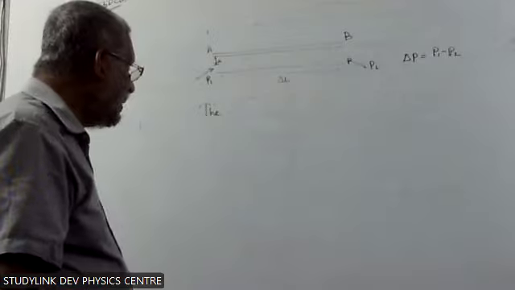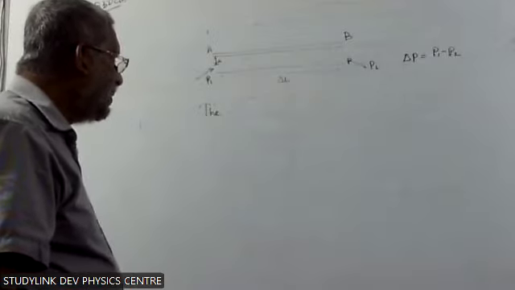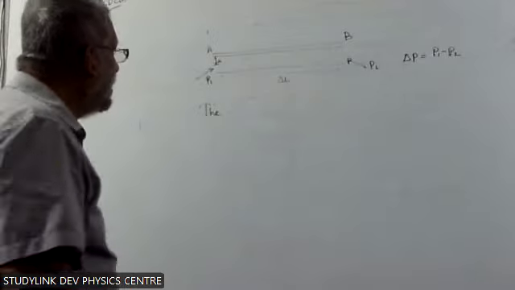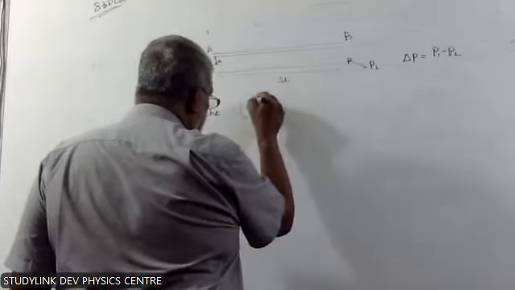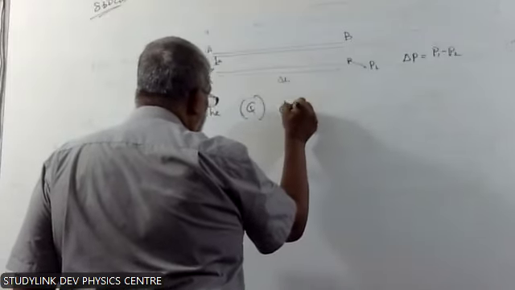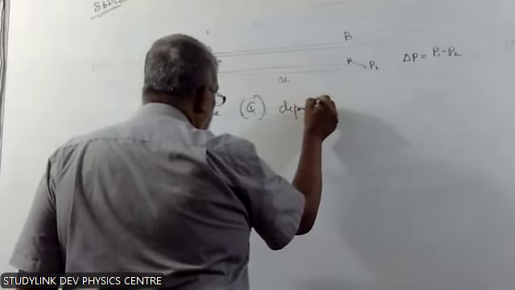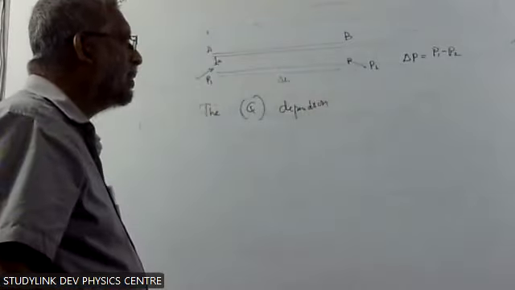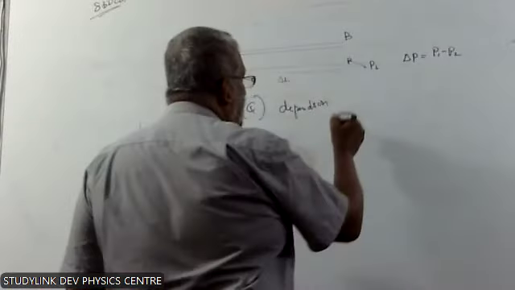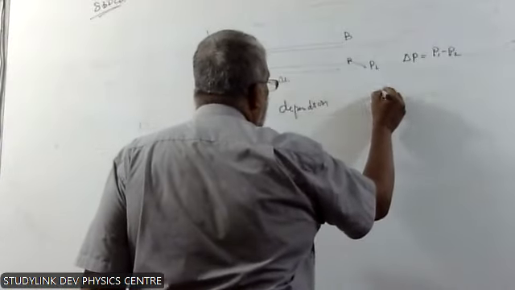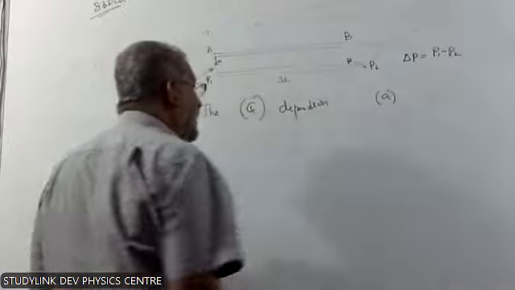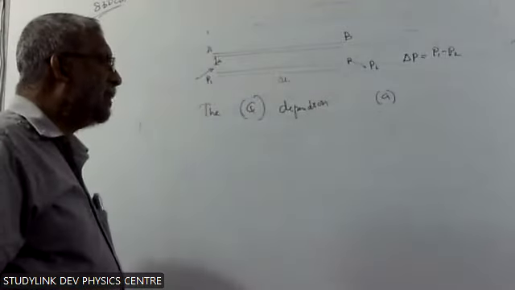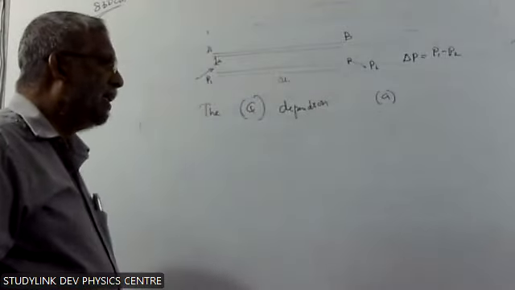The rate of flow, write capital K within brackets, depends on the internal radius of the tube, within brackets A.